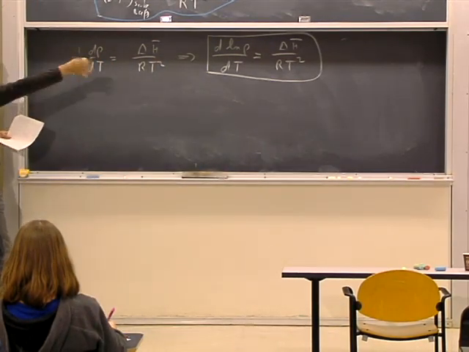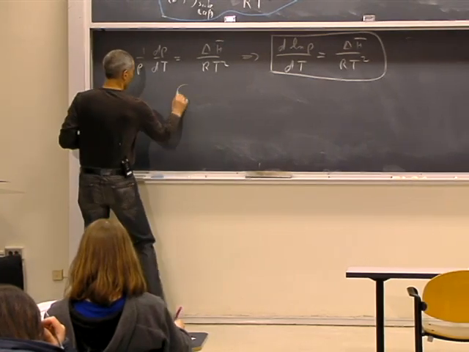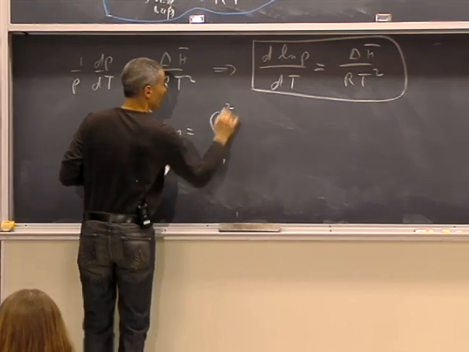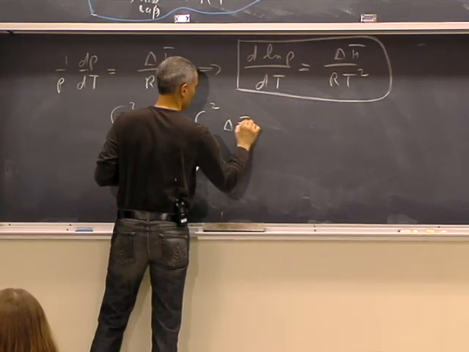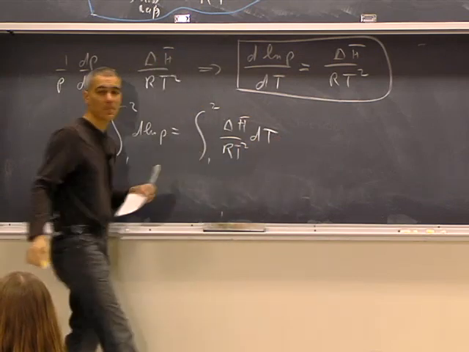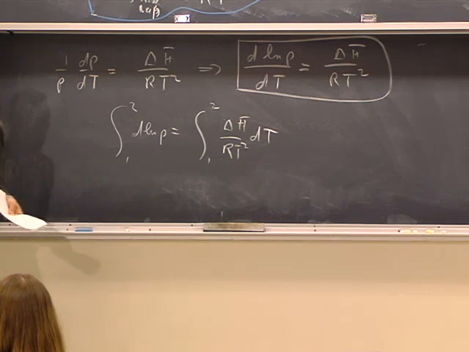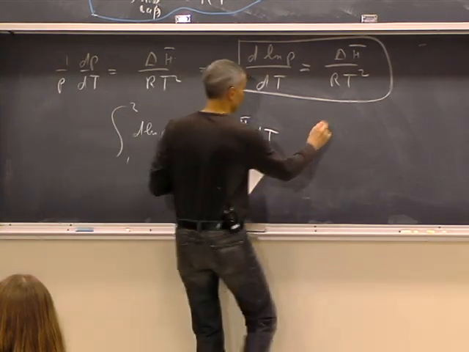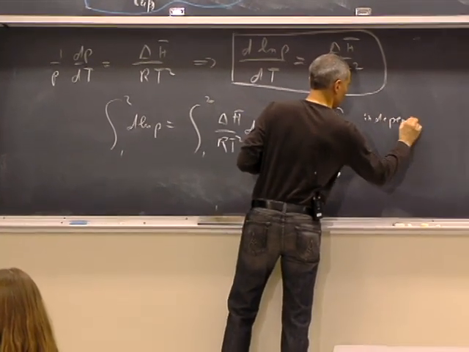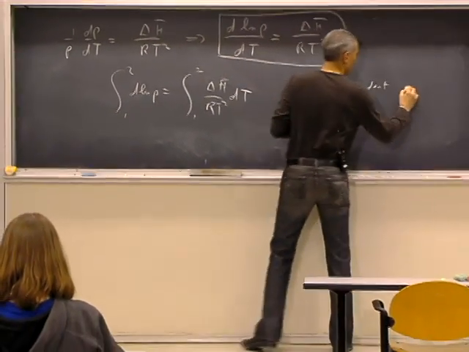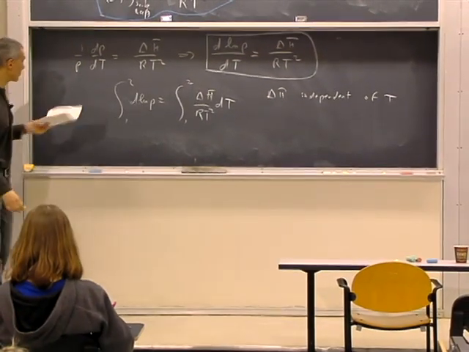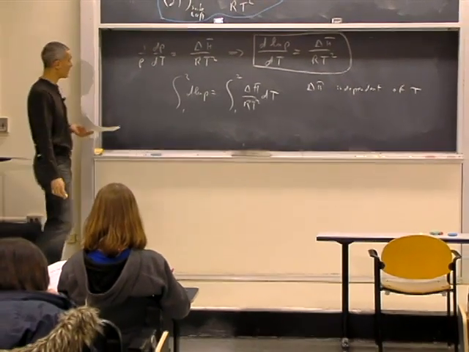And so now you can take the dT to the other side and integrate from point 1 to point 2. D log P from point 1 to point 2 is delta H over R T squared dT. And you make the usual approximation, which we've made before, that delta H is roughly independent of temperature, or very slowly changing with temperature. And that's fine as long as you're in a narrow temperature range, which is usually the case when you have these Clausius-Clapeyron equation problems.